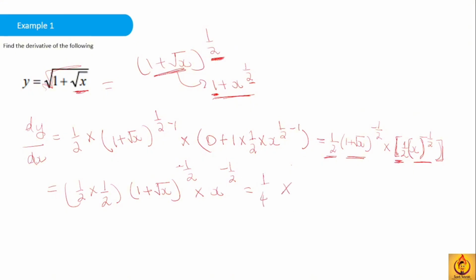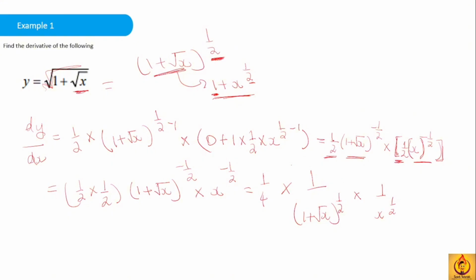Multiplied by, this is negative, right? What it tells us is that this is a reciprocal, because this is a numerator, so since it's a reciprocal, we take it to the bottom. And when we take it to the bottom, it's going to be a positive 1 over 2, multiplied by 1 over x to the power 1 over 2.